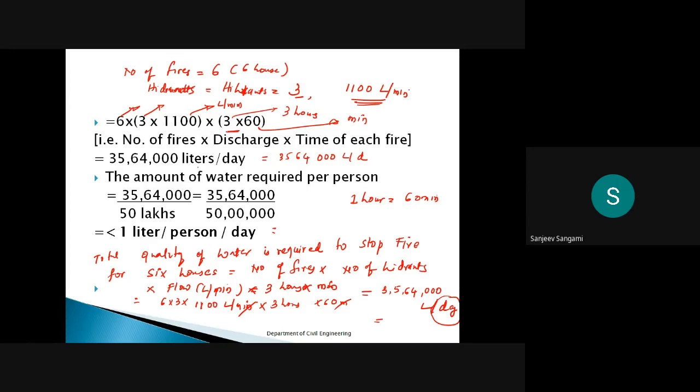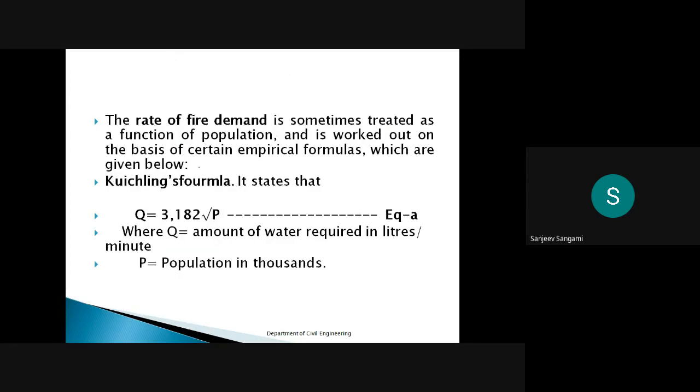So they did it for some based on the total population. They calculated some empirical formulas. Of course, these empirical formulas are not exactly correct, but in some instances you can use them.